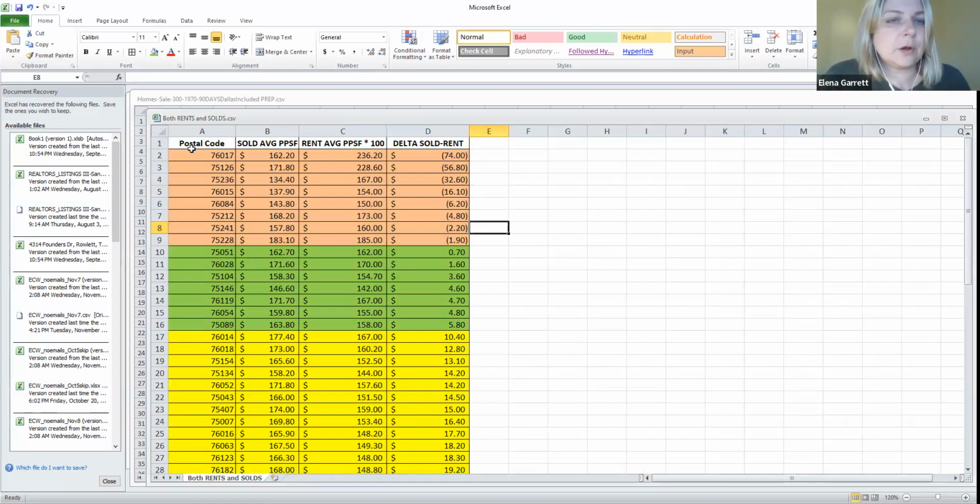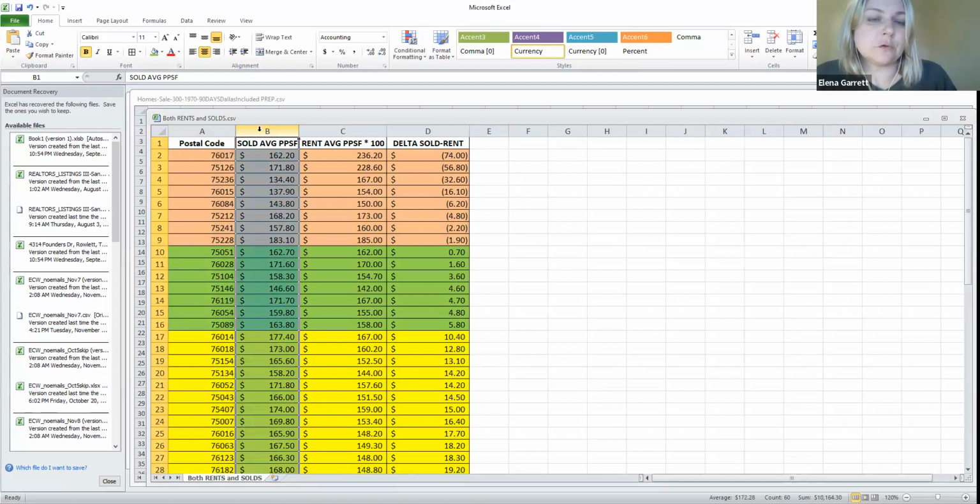So for example, this column is a zip code. This column is average price per square foot when the house was sold. And this is the average price per square foot for rents in the area multiplied by 100, because if my price per square foot is 162, 170, 130 on the sold side, I don't want it to show 1.2, 1.1 on the rent side.